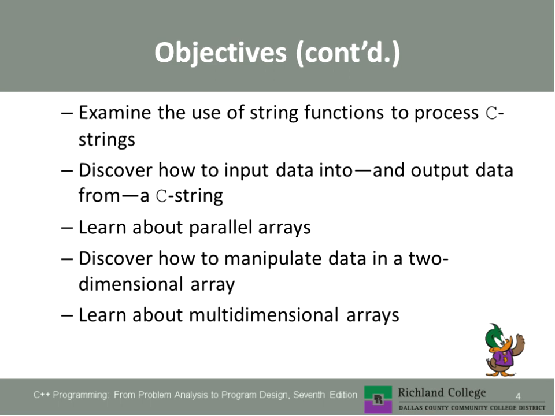So then we need to look at functions that are specific to C strings. Well, first we need to define them, right? Then we need to look at some of the functions, and then we need to look at how do we put data into, and how do we read data from these strange structures called C strings.